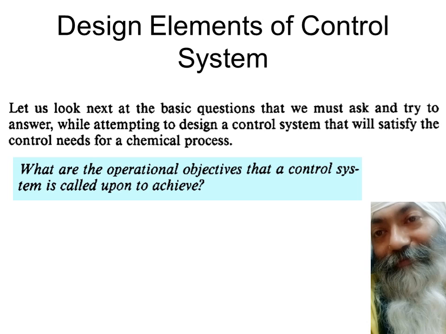The first question is: what are the operational objectives that a control system is called upon to achieve? Before we design any control system, we see why we are going to go in for that, what the objectives are. Again, we have already discussed objectives.